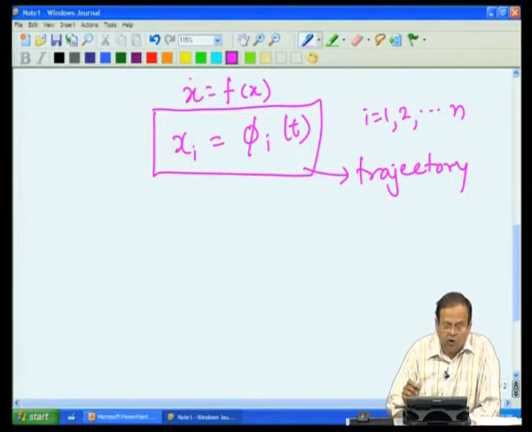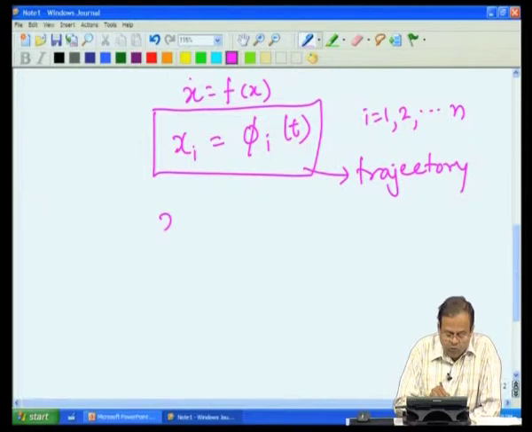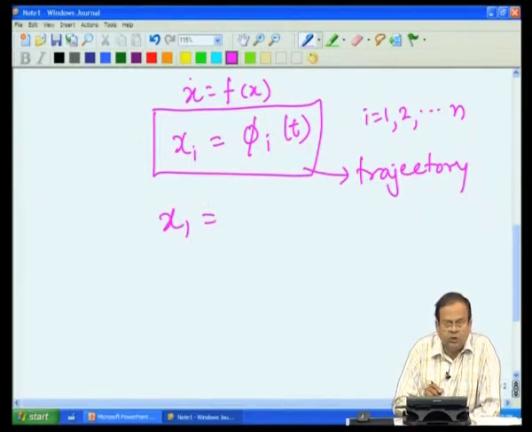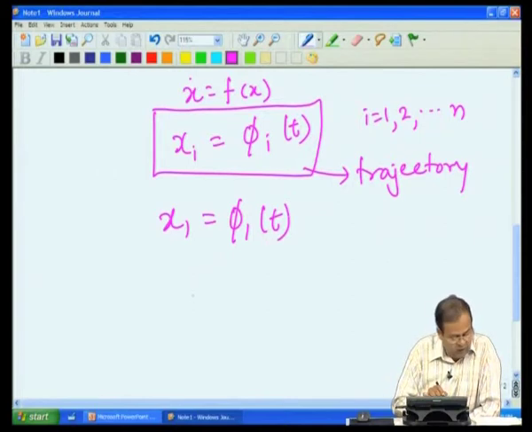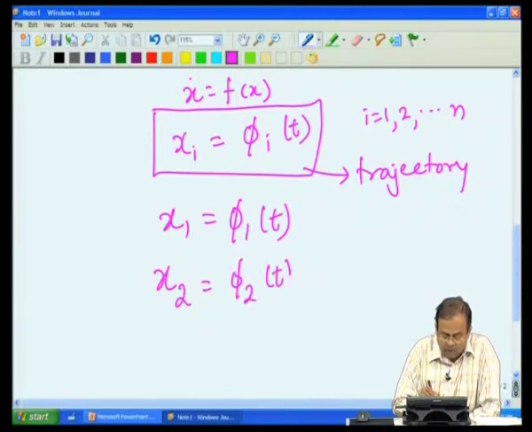And we are now interested in looking at, let us say, a 2 dimensional space. For simplicity, we will keep the discussion to 2 dimensions, but the same idea applies to higher dimensional problems also. So, we have one solution x1 which is phi 1 of t, and let us say x2 is phi 2 of t.